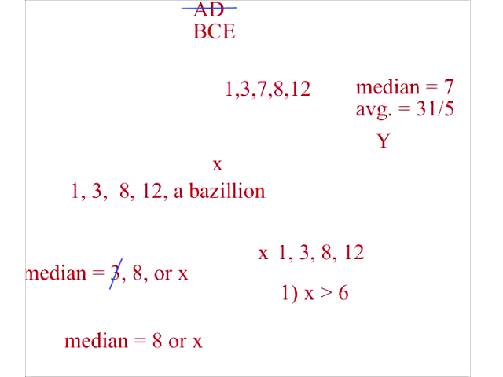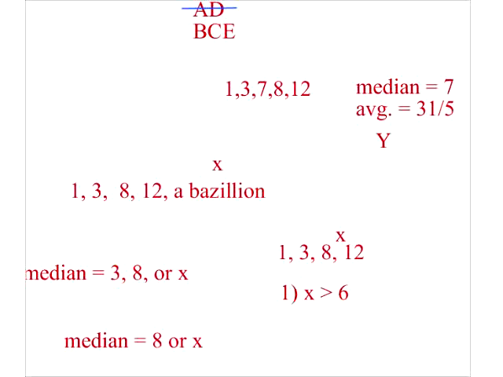So there's no way for 3 to be the middle number. We know that x will end up somewhere to the right of 3. So that meant only 8 or x could be the median. Either 8 will squeeze in the middle and be the median, or x will squeeze in the middle and be the median, or x will be somewhere to the right of 8, and 8 will be the median.